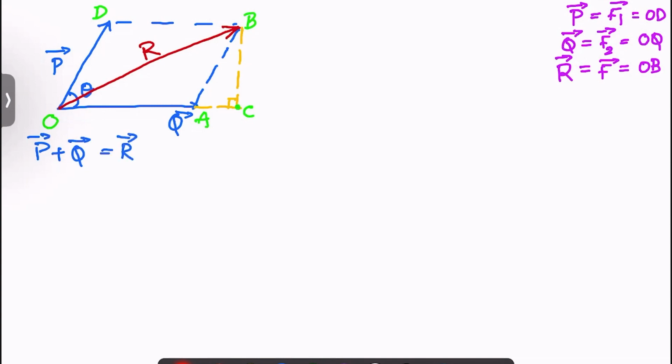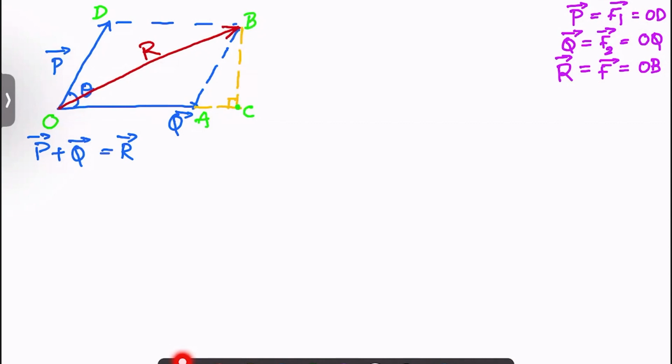Now we have to talk about the magnitudes. So now what we will do is consider this triangle OBC, this bigger triangle.